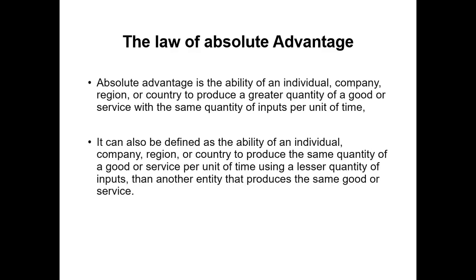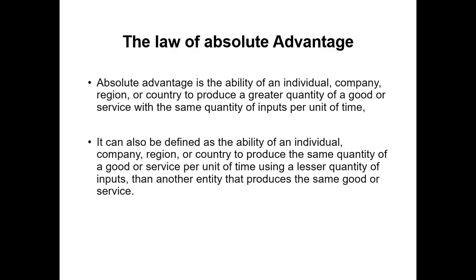On the other hand, if country A and country B produce the same quantity of that good, but let's say country A uses lesser resources to do that, okay? It also means that country A has absolute advantage in that good, all right? So here, absolute advantage can manifest in two ways.